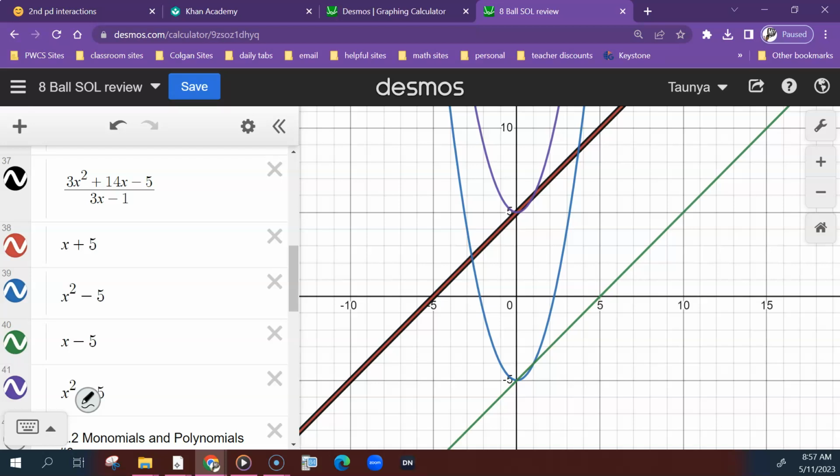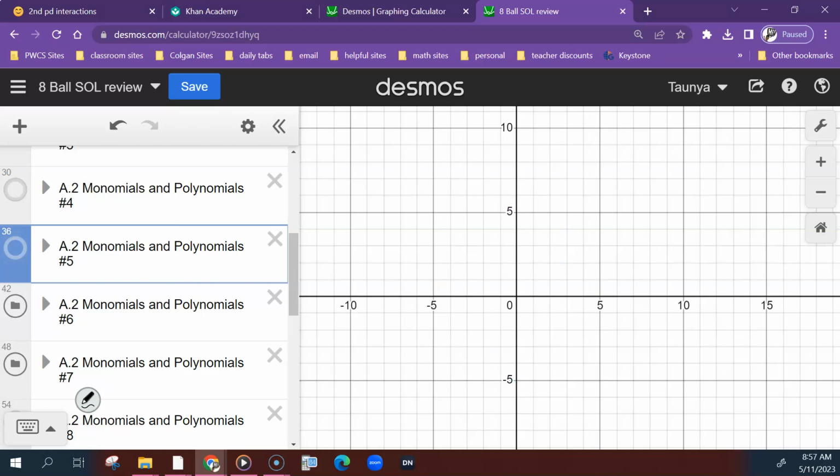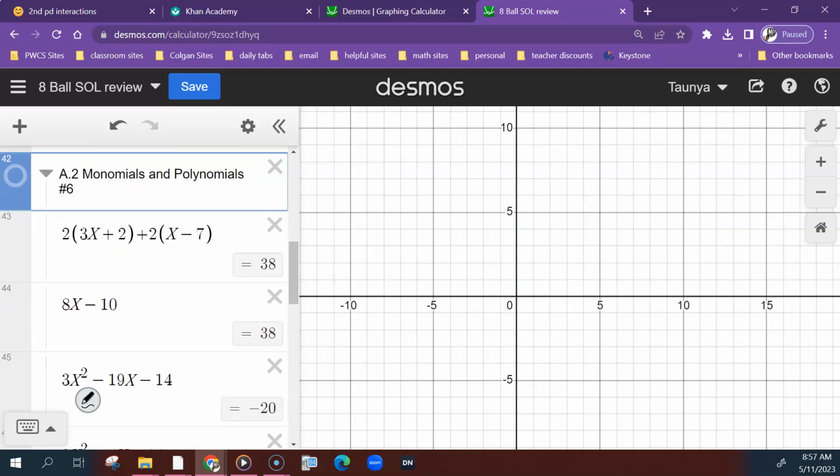And then 6, I think the issue with 6 is many of you multiply to find area instead of perimeter. So you have to remember that you're finding perimeter, so 2 times each thing and adding them together. So if I put in that and I capitalized the x's and I simplified, this is what it should have gotten, 8x minus 9. So A.